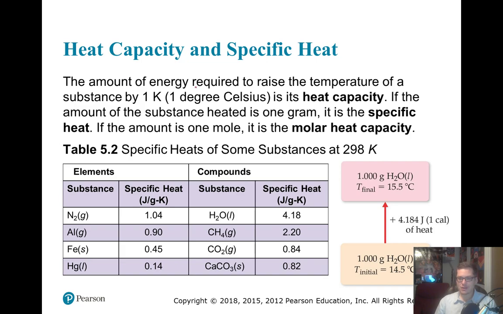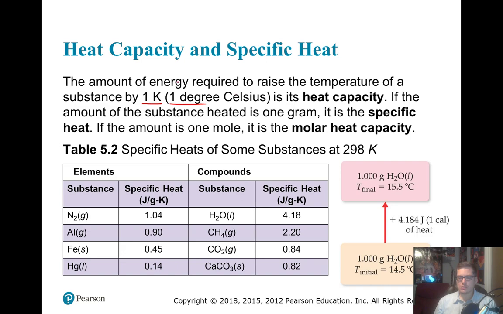The amount of energy required to raise the temperature of a substance by 1 Kelvin or 1 degree Celsius is its heat capacity. This idea of 1 Kelvin or 1 degree Celsius is really handy. Because the difference between Celsius and Kelvin is just adding a number, a change of 1 unit on either scale is an equivalent amount of energy.